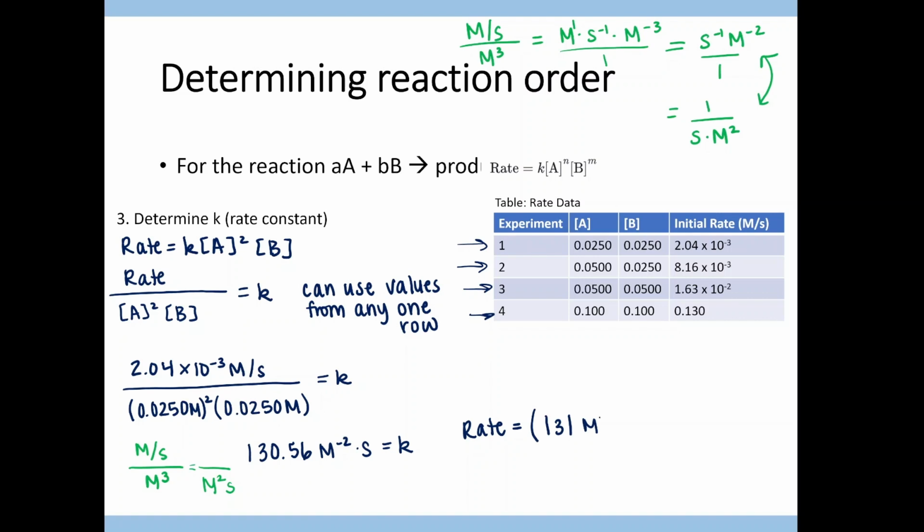You can keep it the same. I'm not doing that for any specific reason, just to simplify. So the rate is 131 per molarity squared per second squared times the concentration of A squared times the concentration of B. And we got that whole equation based on these experimental data.